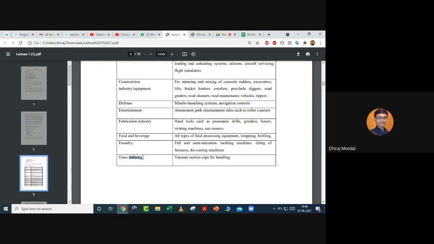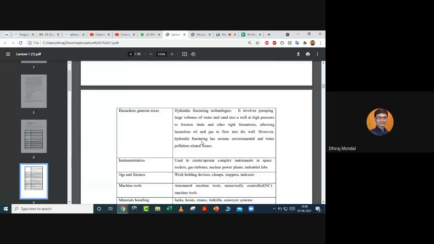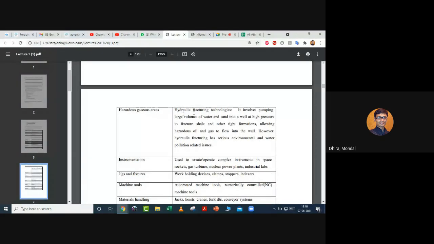Then in the glass industry, vacuum suction cups for handling. So these are the applications. Hazardous gaseous areas, hydraulic fracturing technology. It involves pumping a large volume of water and sand into a well at high pressure to fracture shale and other tight formations, allowing hazardous oil and gas to flow into the well.